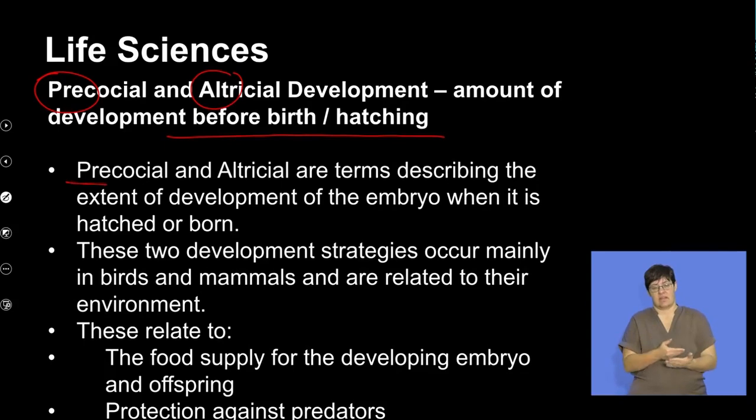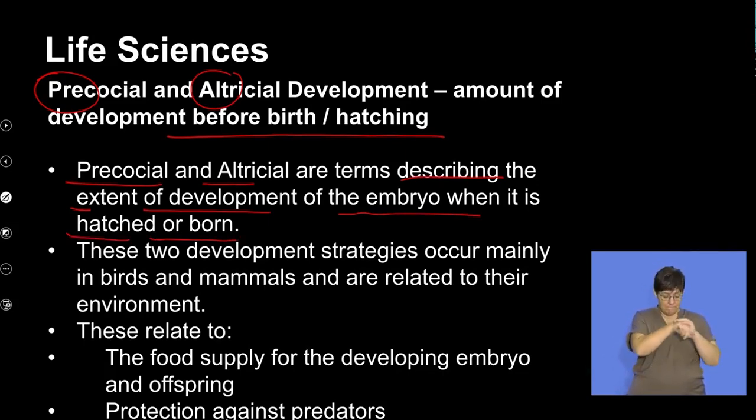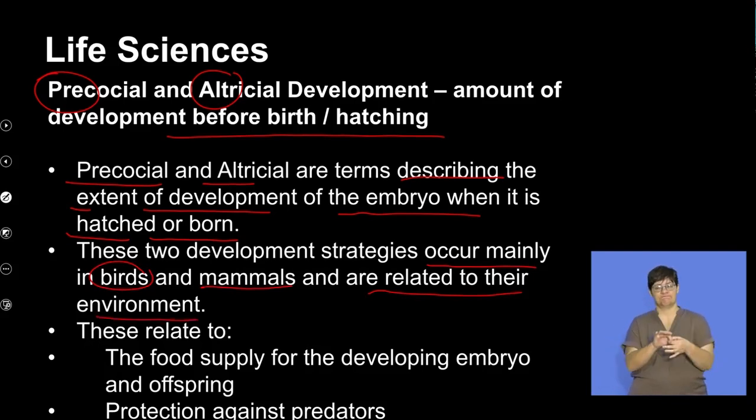Precocial and altricial are terms that describe the extent of development of the embryo when it is hatched or born. These two development strategies occur mainly in birds and mammals and are related to the environment. Depending on the environment in which they survive, the degree of development either before birth or after birth is significant in terms of their survival.